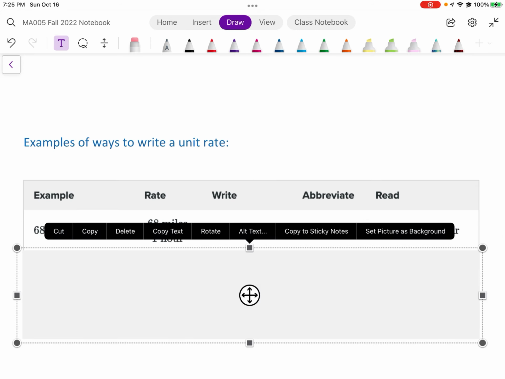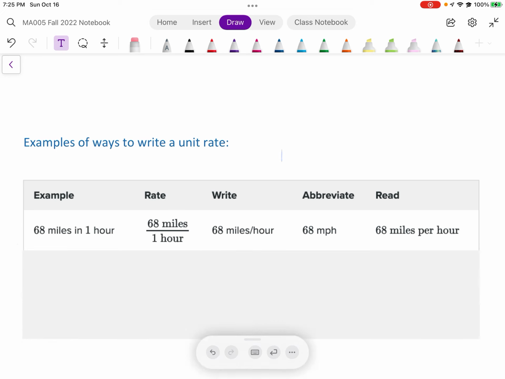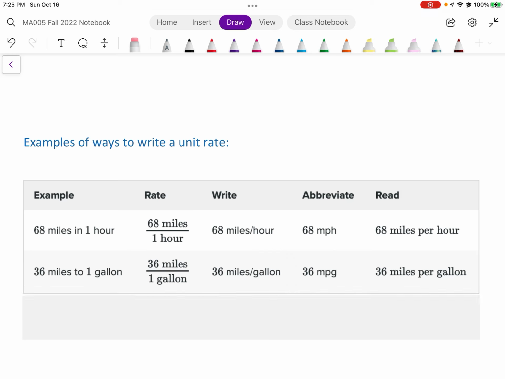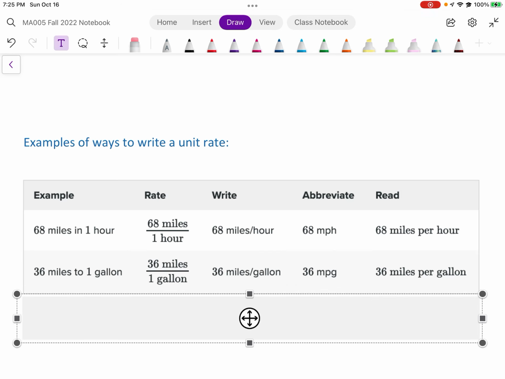So we've got 68 miles in 1 hour, or 68 miles over 1 hour, or 68 miles/hour, miles per hour. MPH stands for miles per hour. So there's lots of different ways to say a unit rate like this. All right, so let's look at the next one. 36 miles to 1 gallon, 36 miles over 1 gallon, and so on.